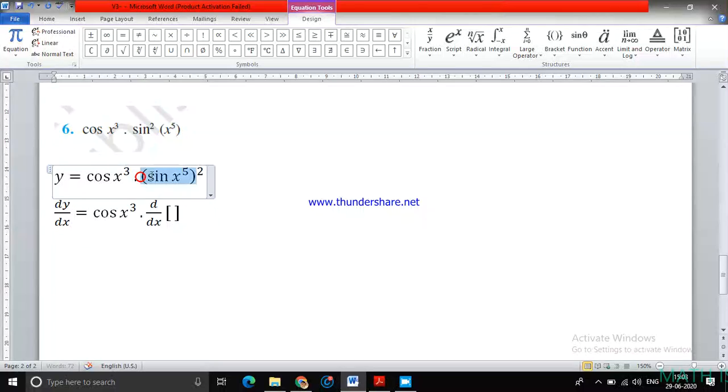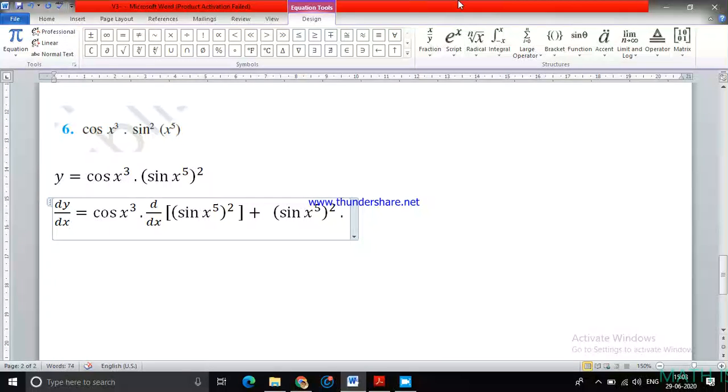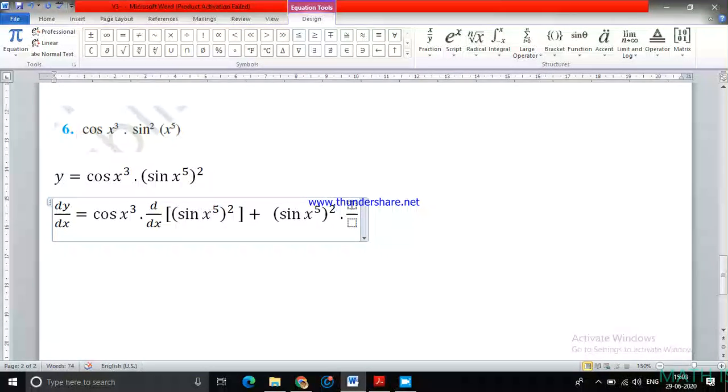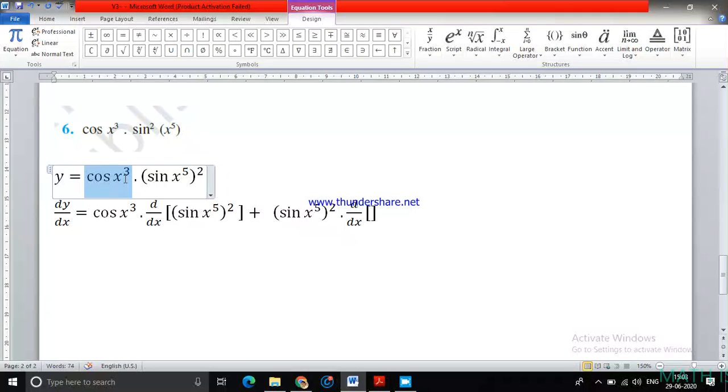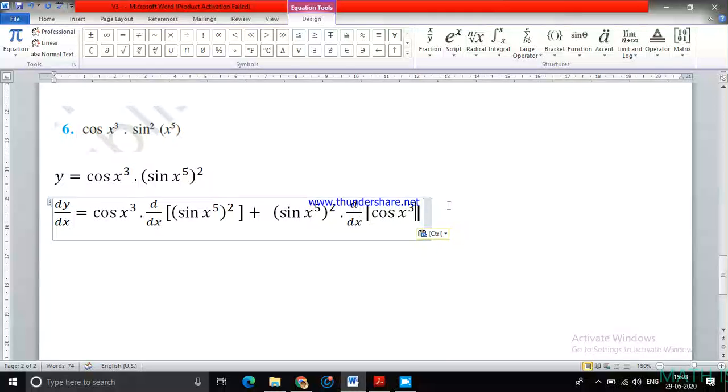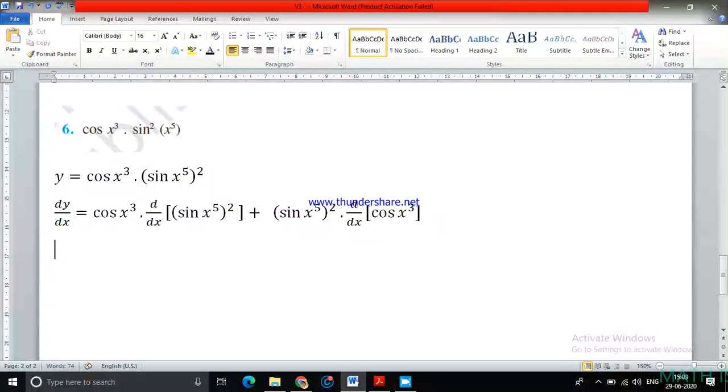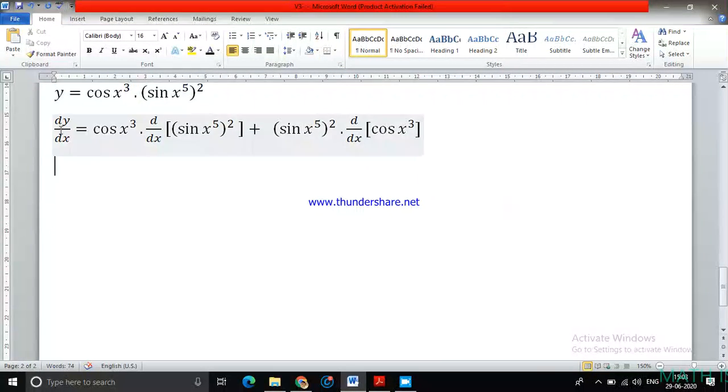V means this entire term is v. So u times the derivative of v, plus v into d by dx of u. u means cos x cube. So these are the differentiation steps that will come. Now let me see the next step, how we are going to simplify.